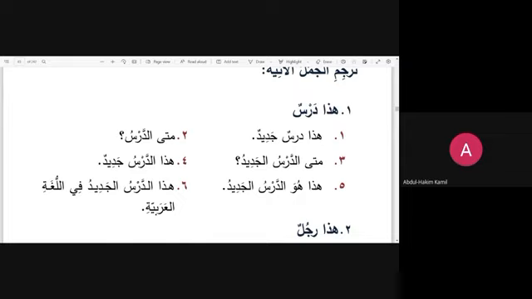We don't know. Even if it's connected to something indefinite, like Baytu Rajulin, a man's house, it's still indefinite. But when Bayt gets connected to something definite, Baytu Muhammadin, now it earns ma'rifa.